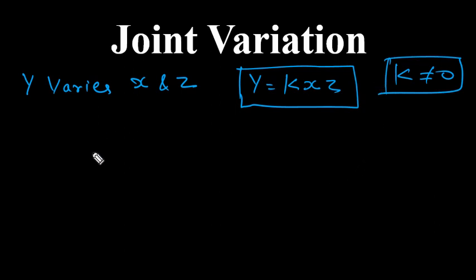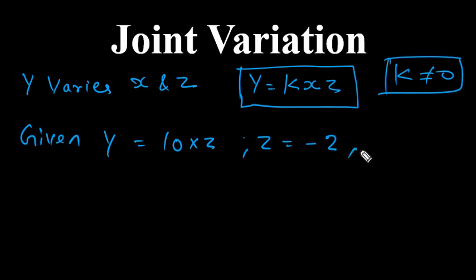In this case, if the given information is y equals negative xz when z equals -2 and x equals 3, how will you find y?